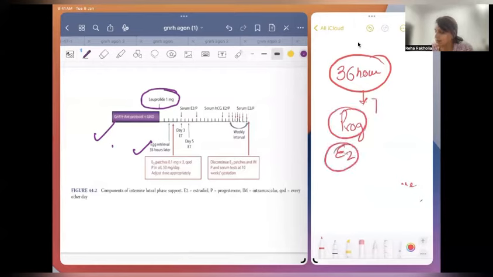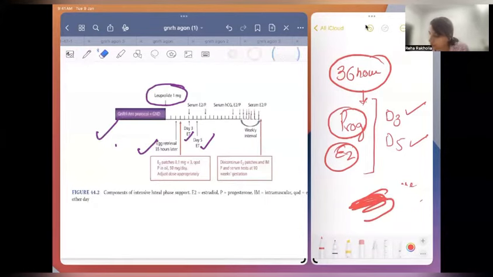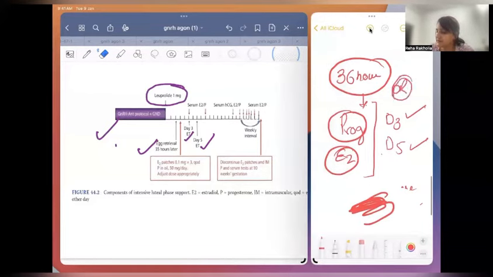And they monitored the estradiol and progesterone level at day 3 and day 5 after oocyte retrieval, and weekly thereafter.